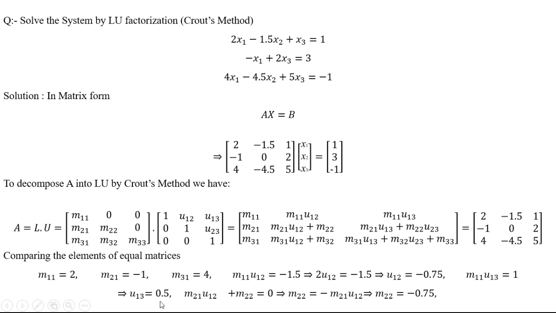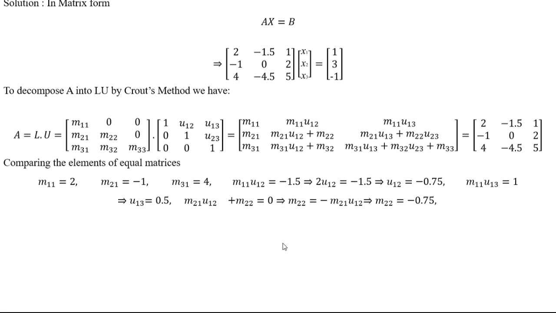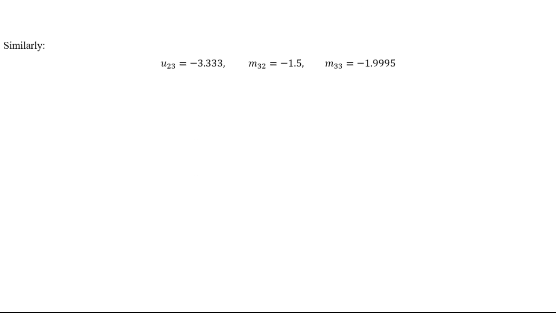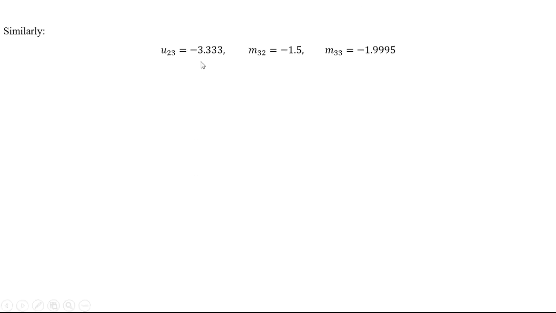after substituting the value of m11, which is 2, and shifting to the right side, we will get u13 equal to 0.5. And in the same way, by comparing, we will get m21 u12 plus m22 is equal to 0. After substituting the values of m21 and u12 and shifting to the right side, we will get the value of m22, and in the same way we will get all the values of the lower and upper triangular matrix, which are u23 equal to -3.333, m32 equal to -1.5 and m33 equal to -1.9995.